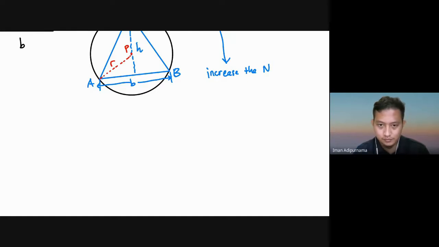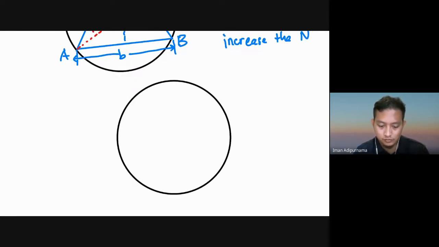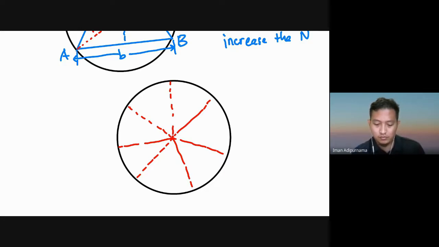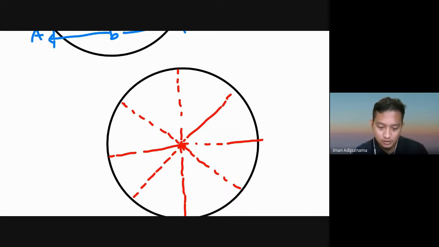So let me draw this. 1, 2, 3, 4, 5, 6, 7, 8. And this will be the polygon.